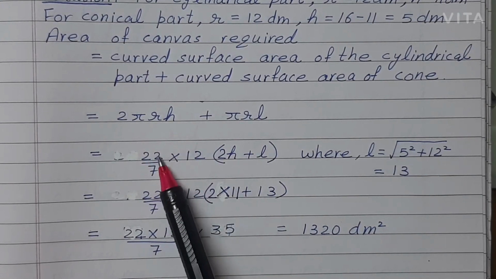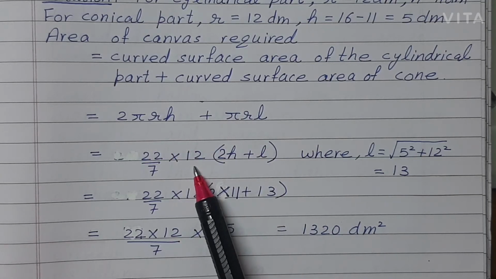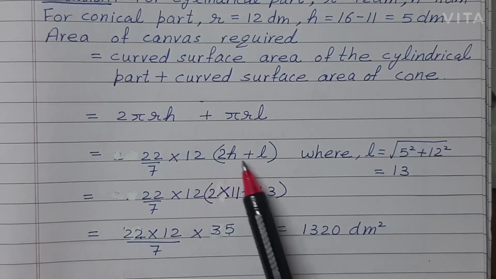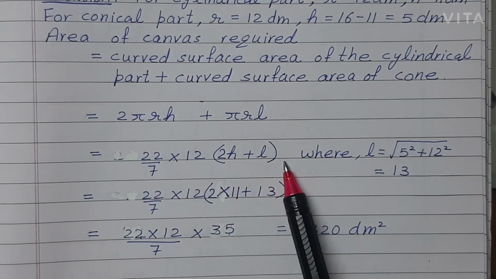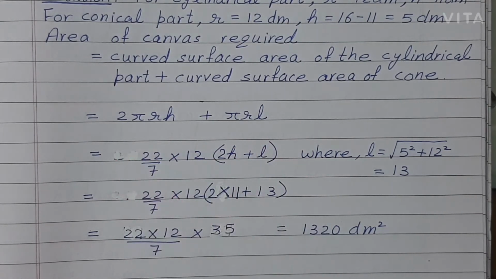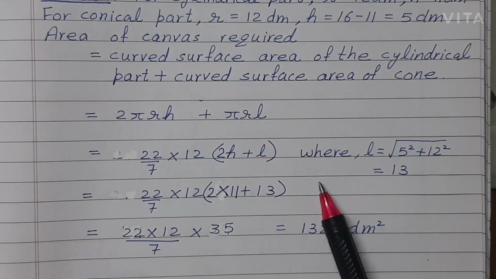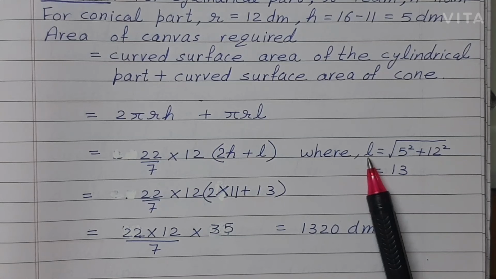Pi is 22 by 7 and r is 12, and then in the bracket you are left with 2h plus l. By doing so, the calculation becomes easier. Now let us see what l is, that is the slant height.